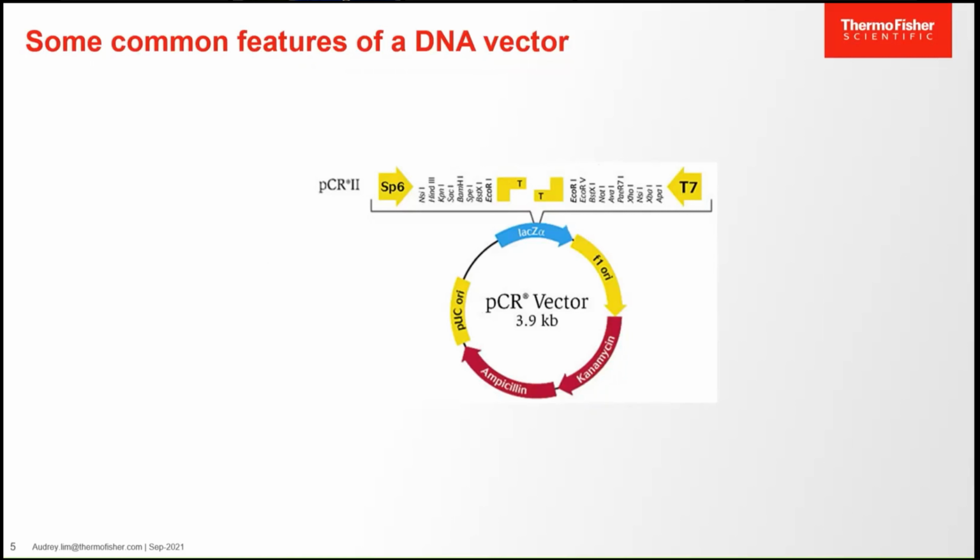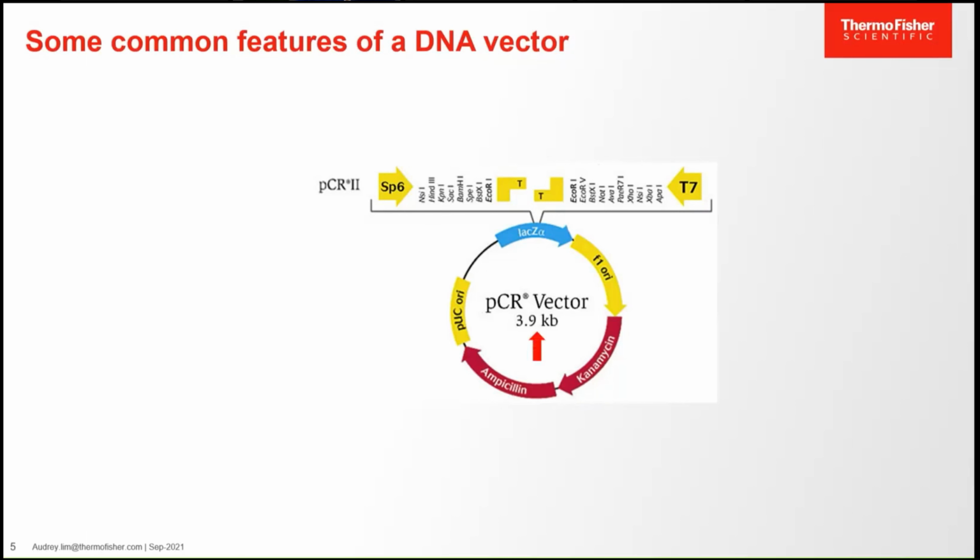First we have the name of the vector, which usually begins with a small letter p, and below it is the size of the vector. This vector is called pCR vector, and the size is 3.9 kilobase pairs.